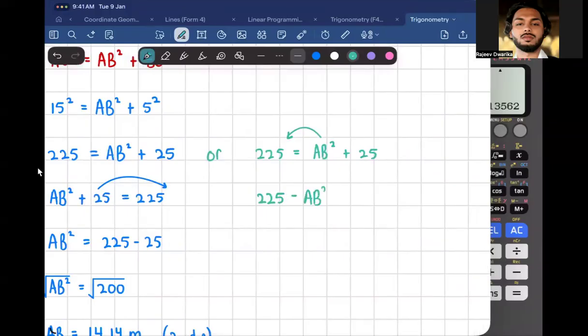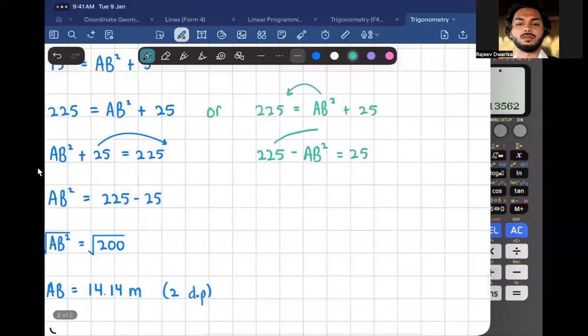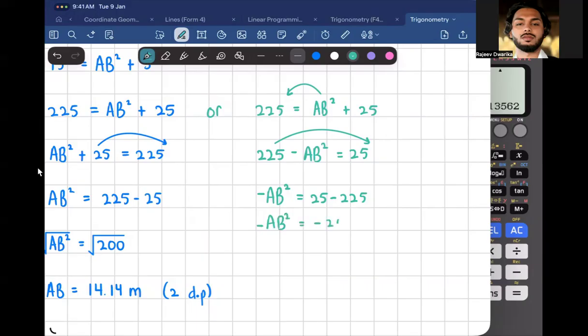Minus AB squared equal to 25. You move across the 225, that'll be minus AB squared equal to 25 minus 225. You're going to end up with minus AB squared equals minus 200.